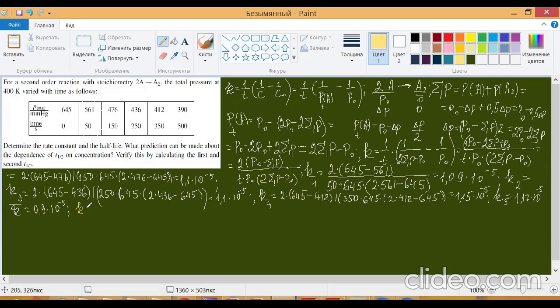So k is equal to 1 over tau times P0, and that means that tau is equal to 1 over k times P0. Okay. So we've got a formula.